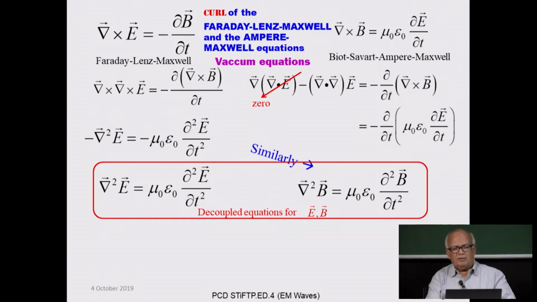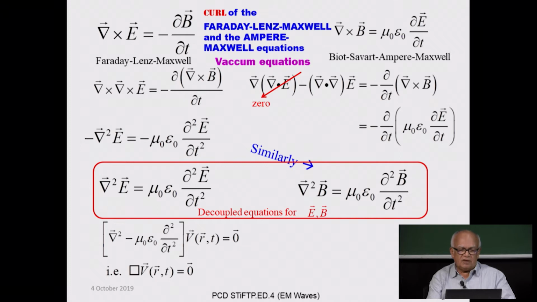This is a common technique in differential equations, and this has been used here, and what is achieved is not just the decoupling between E and B, but the discovery of the wave phenomenology of the Maxwell fields, of the electromagnetic fields, and both the equations can be written in a common form. They have got exactly the same form.